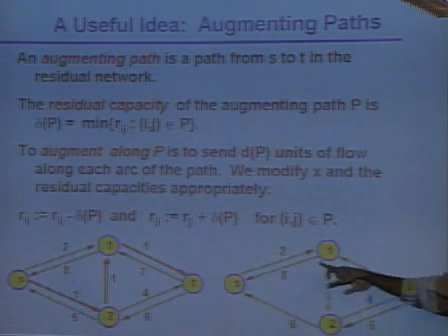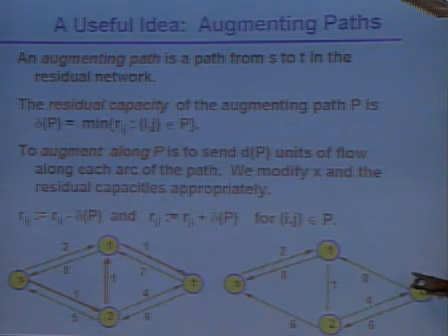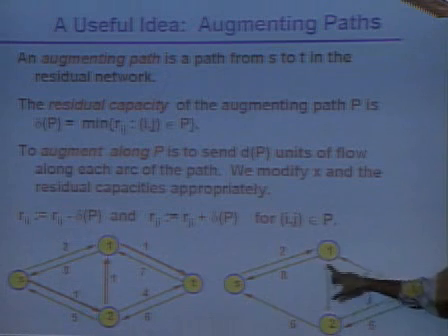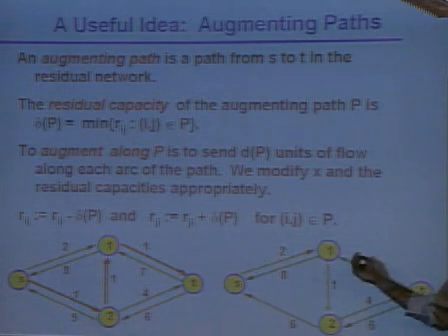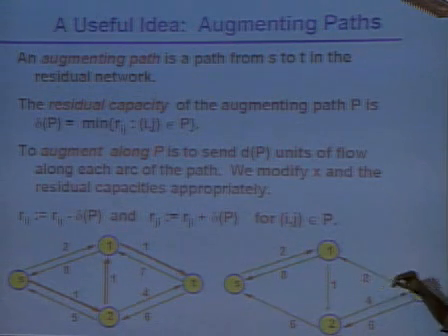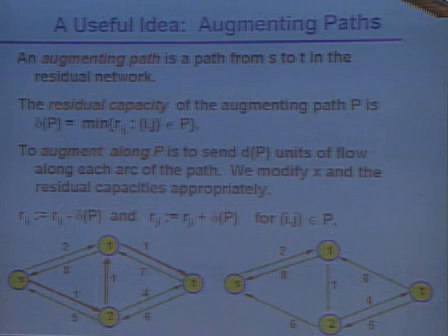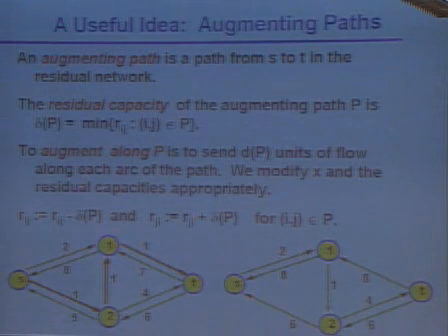What is the capacity of that path? Again, it's 1 because this is the bottleneck arc. So you can send at most 1 unit of flow along that path. Okay? And if you do that, what's going to happen? Let me draw the new network.